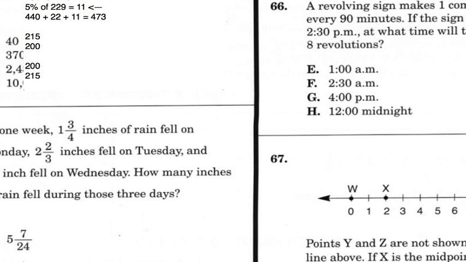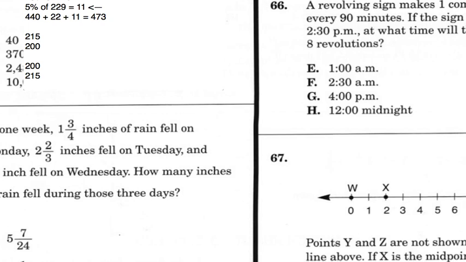Okay, 66, I believe. Let me read this. Yeah, I believe 66 can be done in 2 different ways. Let me just make sure 66 is showing on the screen properly. No, it's not. One second.